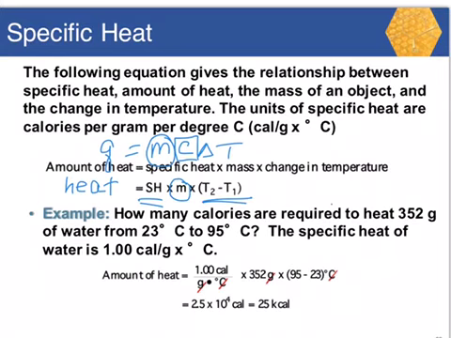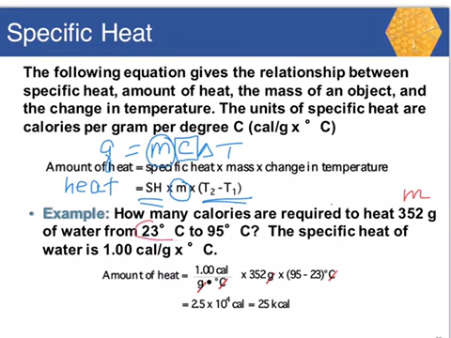So let's look at an example of how this formula works, because this is what we're going to be doing in the lab on Thursday. How many calories are required to heat 352 grams of water from 23 to 95 degrees Celsius? The specific heat of water is 1 calorie per gram per degree Celsius. So when I read a problem, I like to identify what it is that I've got. So this refers to my mass.